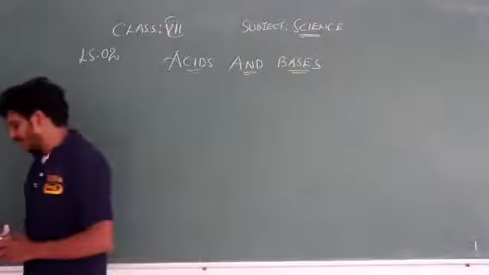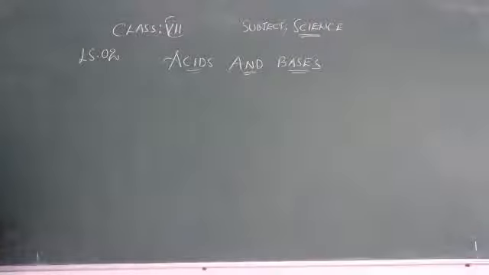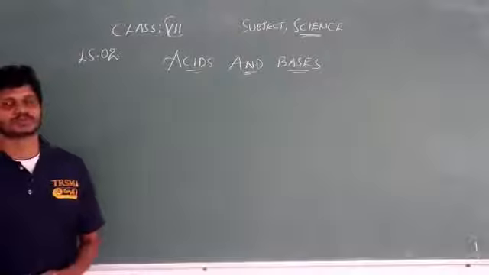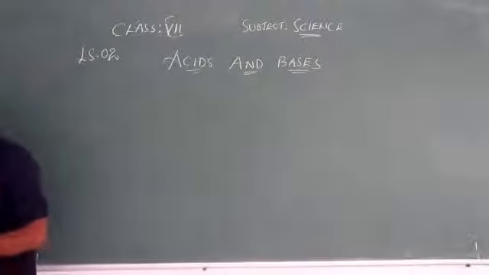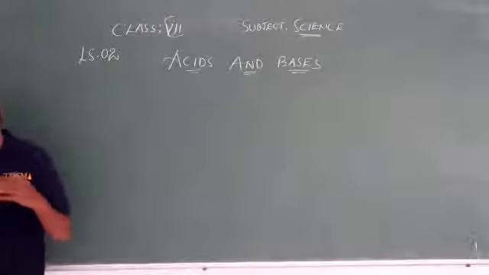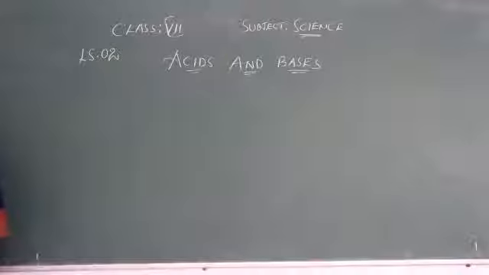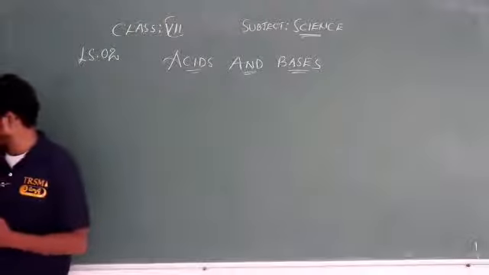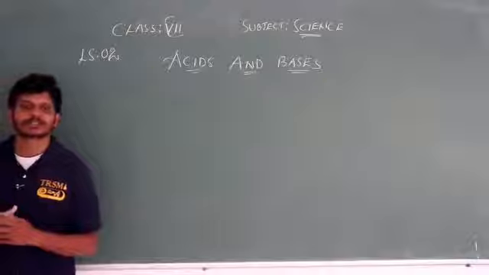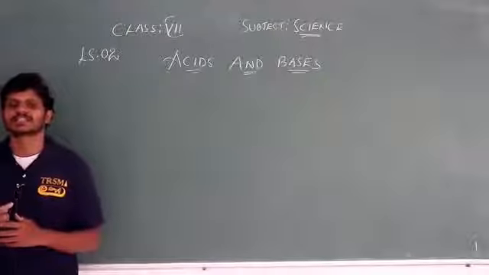A tabular form is given for you in your textbook to list out some sweet substances, sour substances, bitter substances, salty substances and also spicy materials.